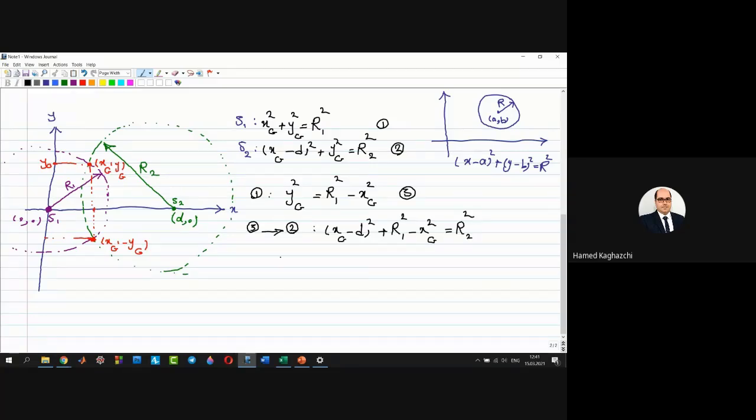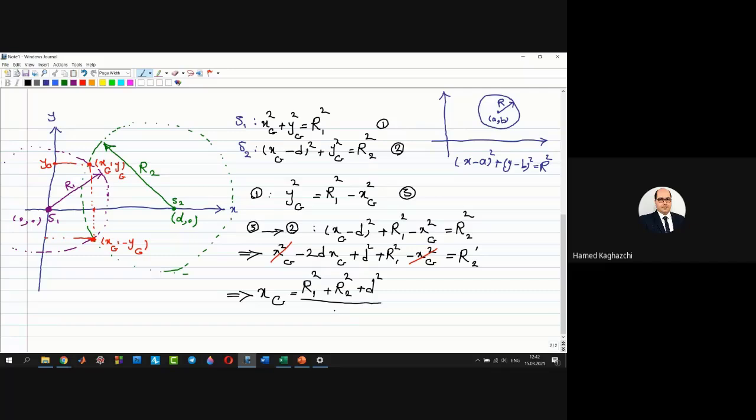Expanding this term, xg squared minus 2d xg plus d squared plus R1 squared minus xg squared is equal to R2 squared. xg squared is cancelled, so I can find that xg is equal to R1 squared minus R2 squared plus d squared, divided by 2d.